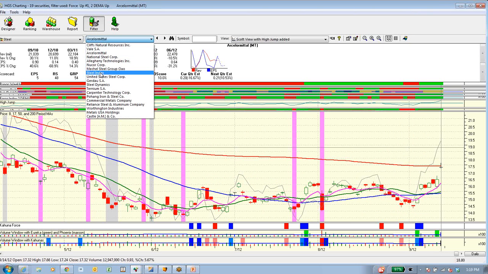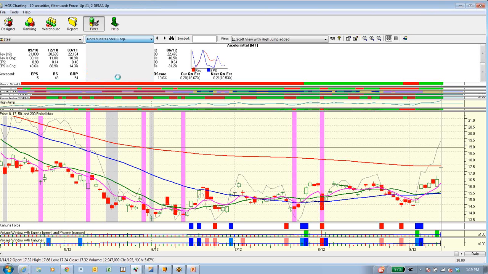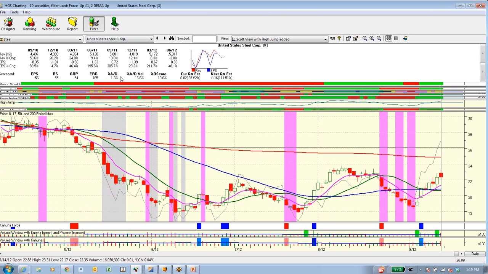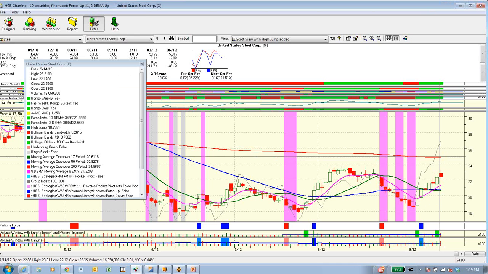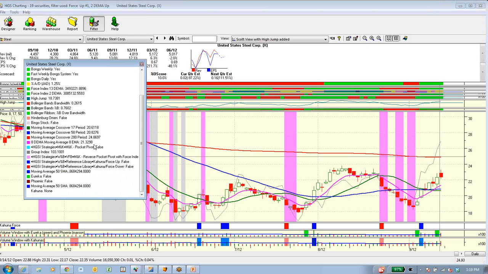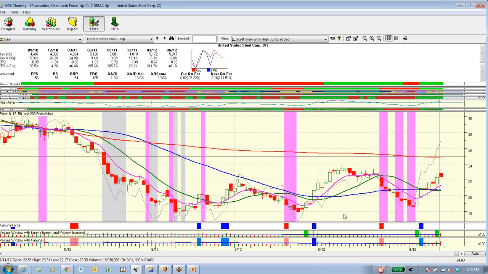Steel play there. U.S. Steel had a lot of upgrades this week, and here it is, in the middle of our list. And you can see in U.S. Steel the same basic pattern. It certainly could trade up to the 200-day moving average, which is at 24.86.